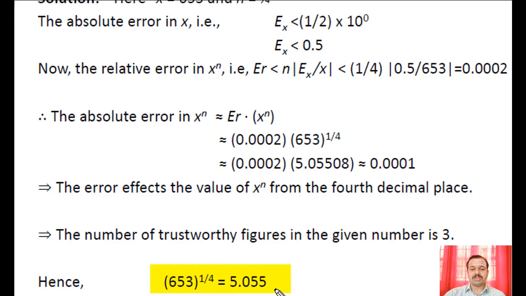That is the final answer, ignoring the decimal places after the 3rd place, because the decimal places from the 4th place onwards are affected, as the error starts there. Therefore, we keep only 3 decimal places in the answer, and in this way the calculation of error helps us evaluate a given number of the form x to the power n.